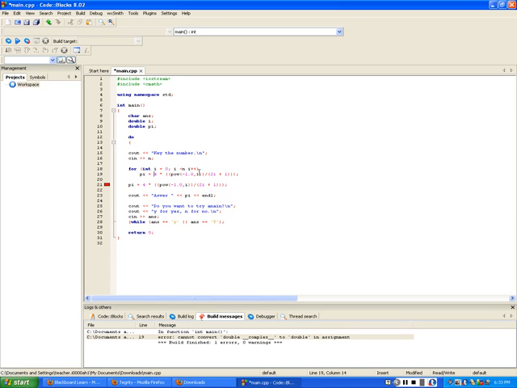Okay, so we're going to do POW of negative 1, I. Okay, and then we're dividing that by 2 times I plus 1.